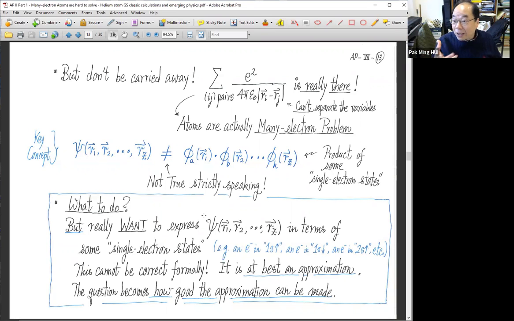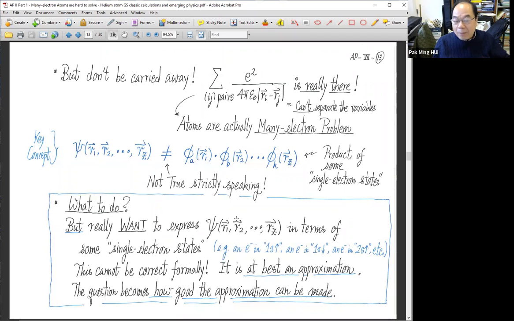They are playing with atoms and molecules, and they use a lot of single electron ideas. They still use 1s, 2s as those single particle states throughout the whole periodic table. What are they doing? That is the remaining part of the discussion.